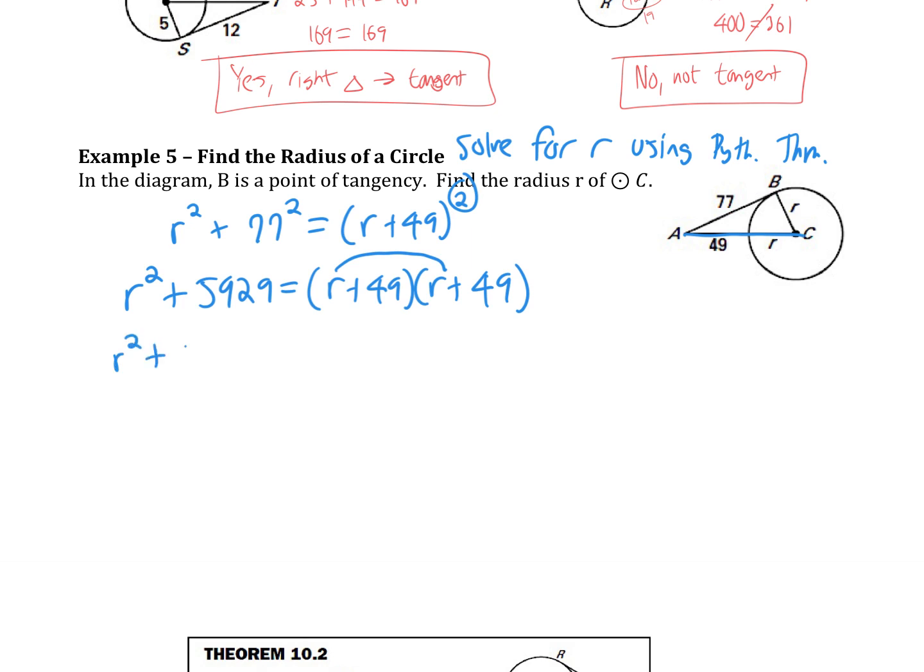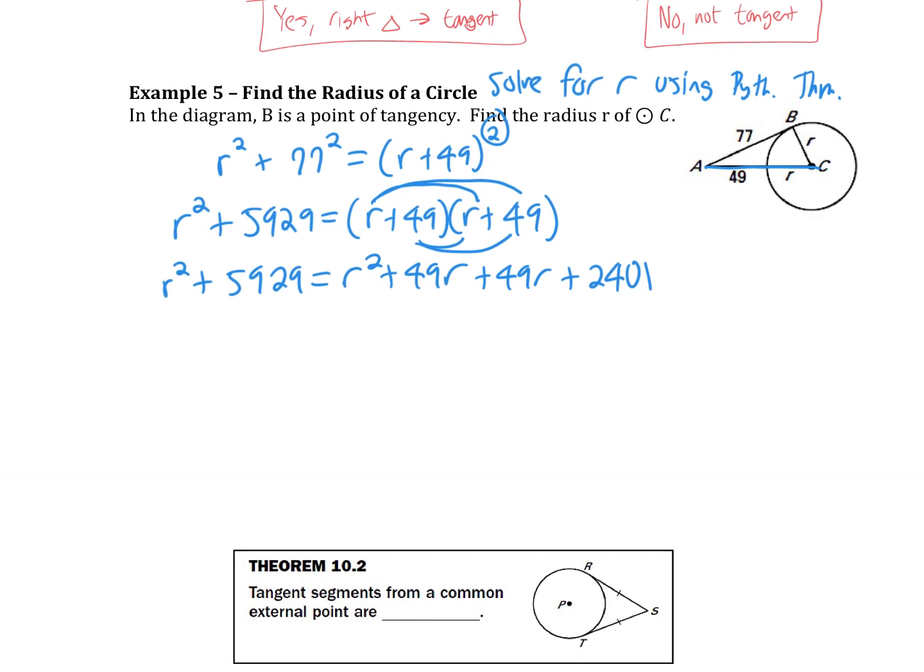So we got r squared plus 5,929 equals r squared plus 49r plus 49r plus, and 49 times 49 is 2,401. Okay. We have to combine like terms now. So we have r squared plus 5,929.